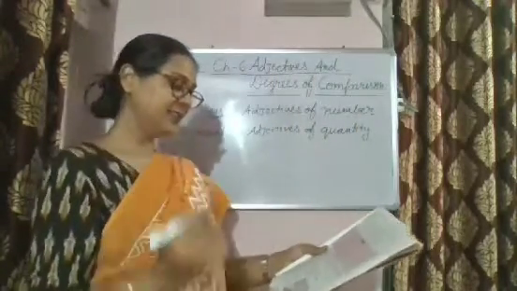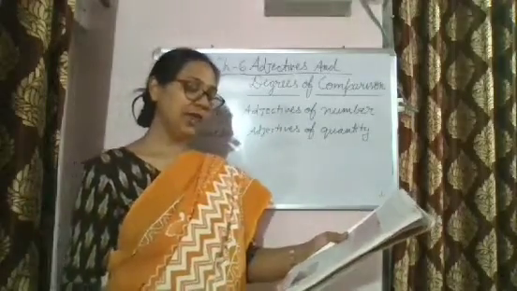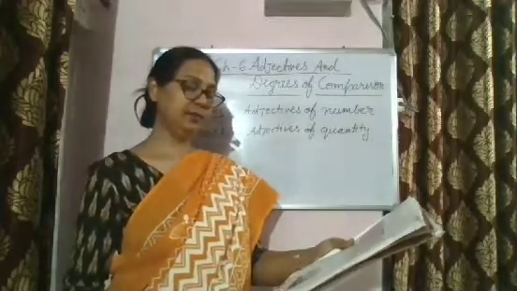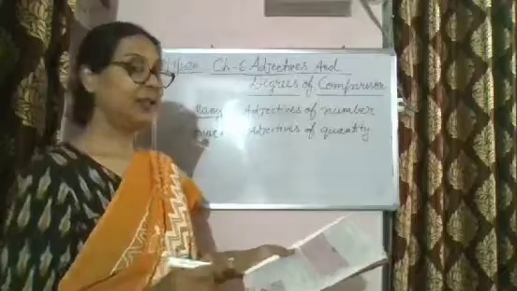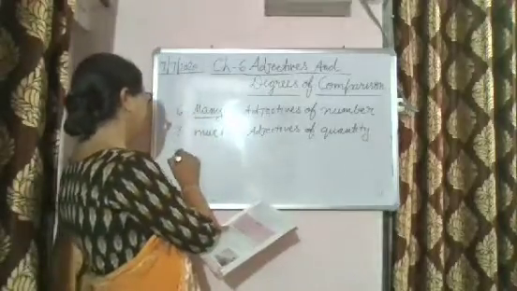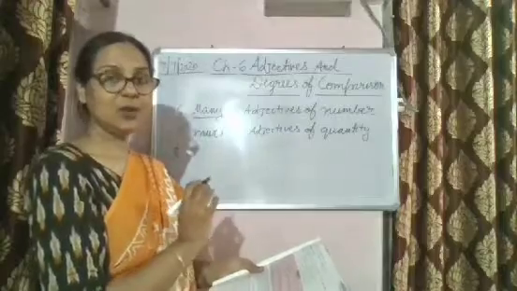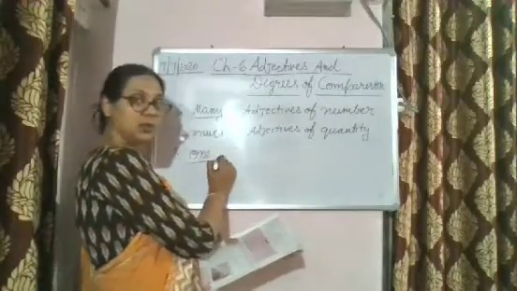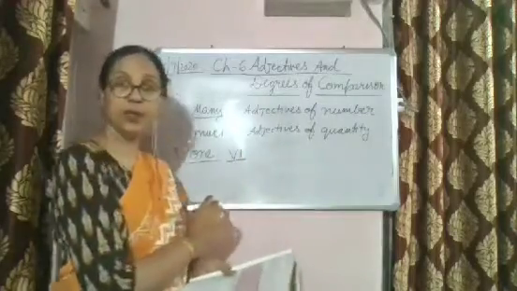Now next, number 8. One boy of class 6 won the competition. One boy of class 6. Here you can see on 8 number 1 and 6 also. So 1 is also showing the number and class 6 is also showing the number.